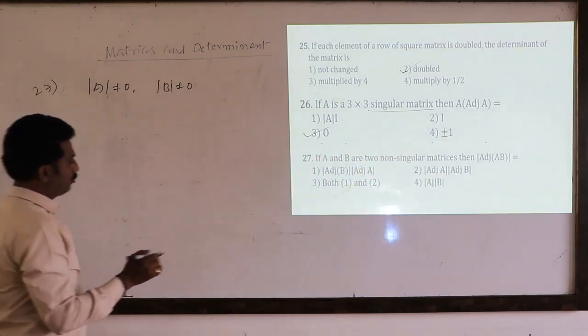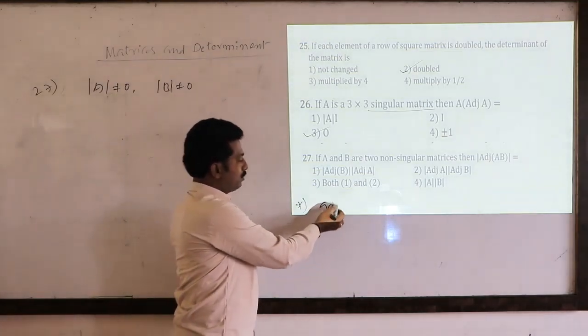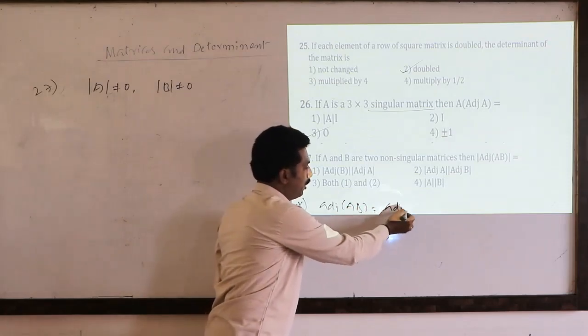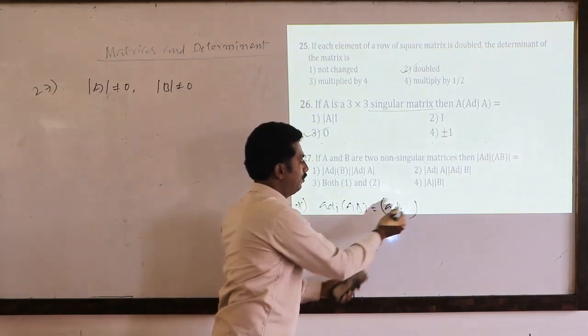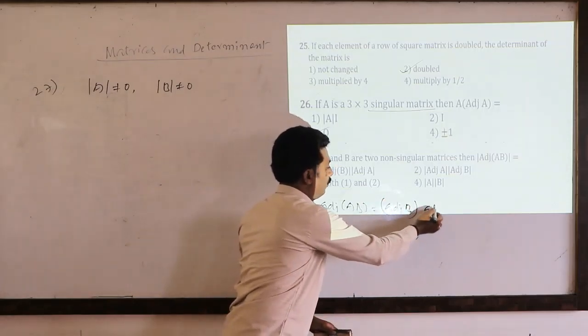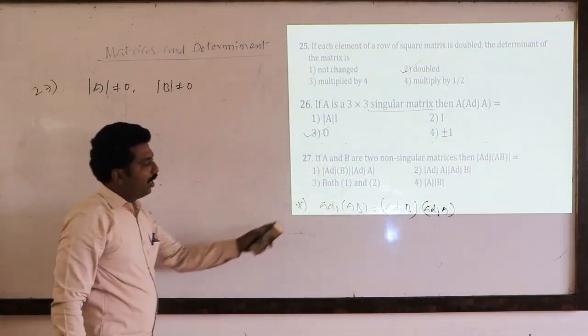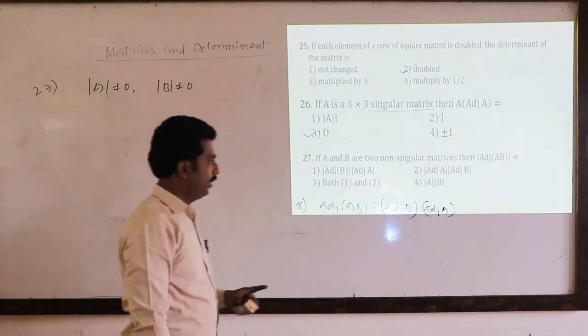One property: adjoint of AB equals adjoint of B into adjoint of A. This is the formula.